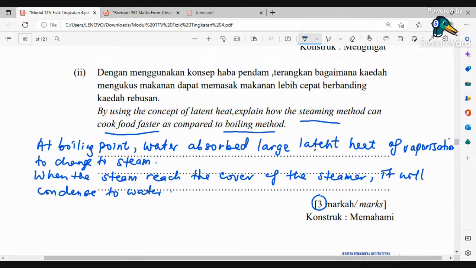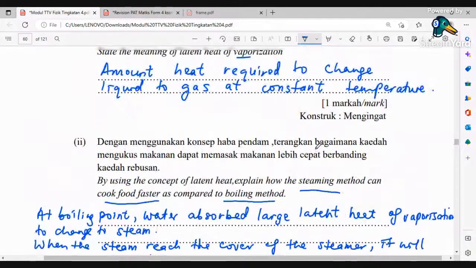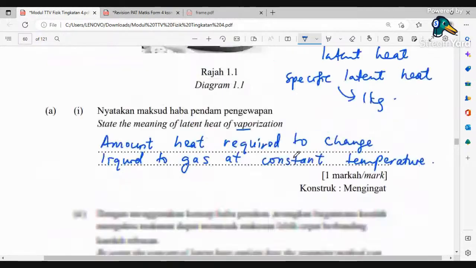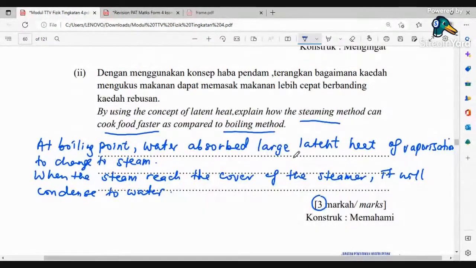Okay, steam bila kena cover atas, cover sini. Boiling tadi dia produce steam. So steam when touch the cover, it will experience condensation process. Okay, become water. So the process of condensation will release out larger latent heat of vaporization.